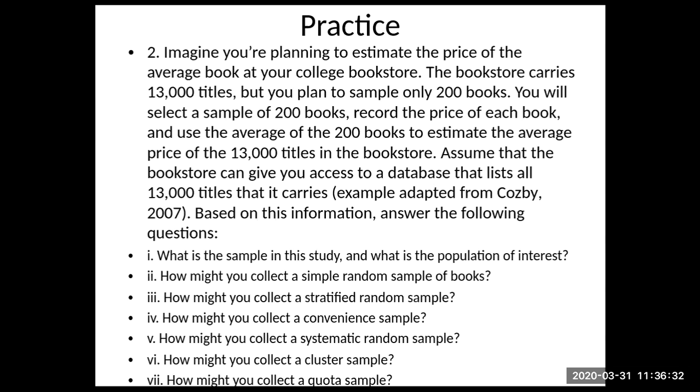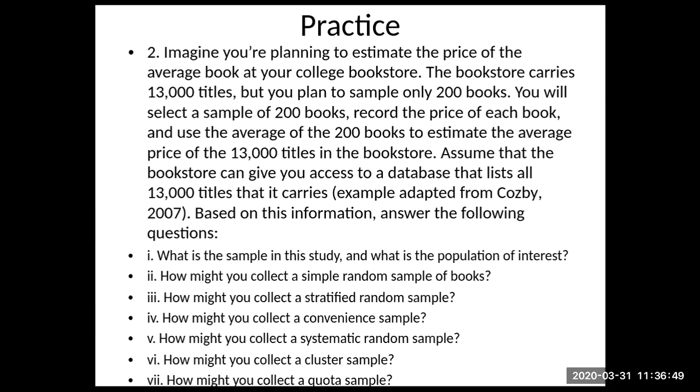If 60% of students are taking math classes, we'll get 120 of those books, or something like that, 60% of our sample from math books, and 30% from English books and things like that.